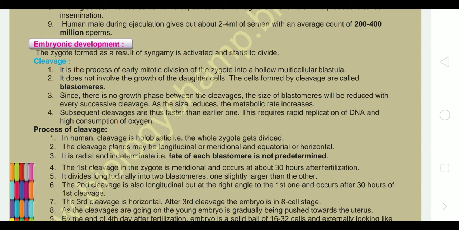It does not involve the growth of the daughter cells, and the cells formed by cleavage are called blastomeres. So these blastomeres are the cells of the blastula, at its initial stage. Since there is no growth phase between the cleavages, the size of blastomeres will be reduced with every successive cleavage.